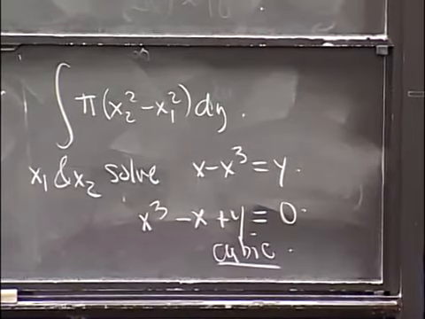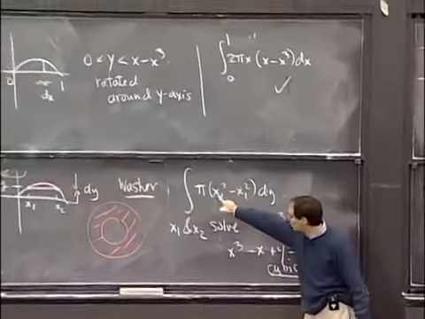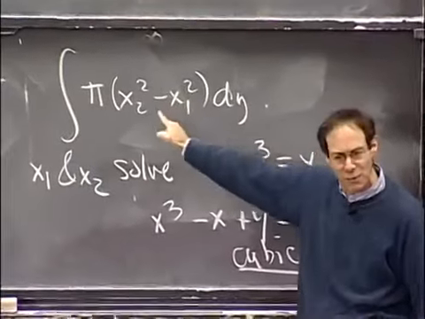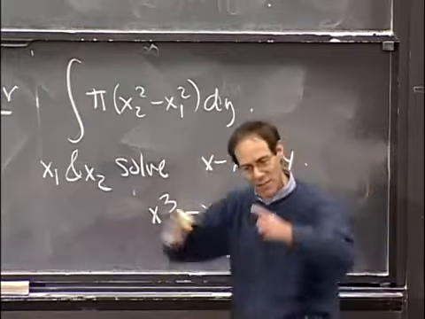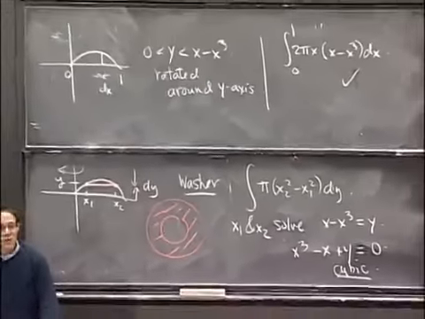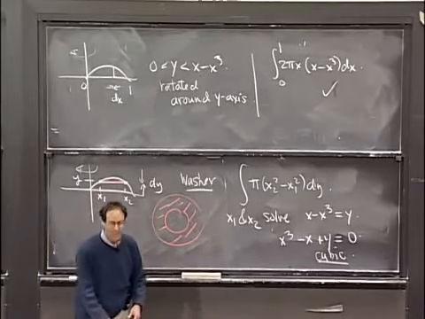Although there is a formula for this, you've never been taught the formula for this equation. So therefore, you will never, ever be able to get a formula for x2 and x1 as a function of y, and you'll never be able to compute this one. This is more than just a dead end. It's like crash, burn, and self-destruct. So, there may be such a thing. So do the other way. Good luck, folks.